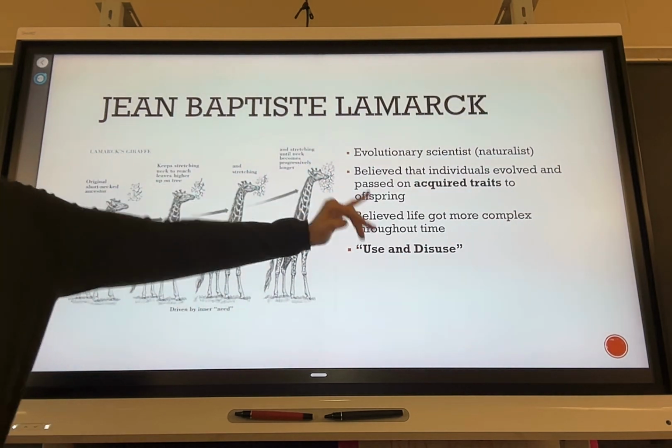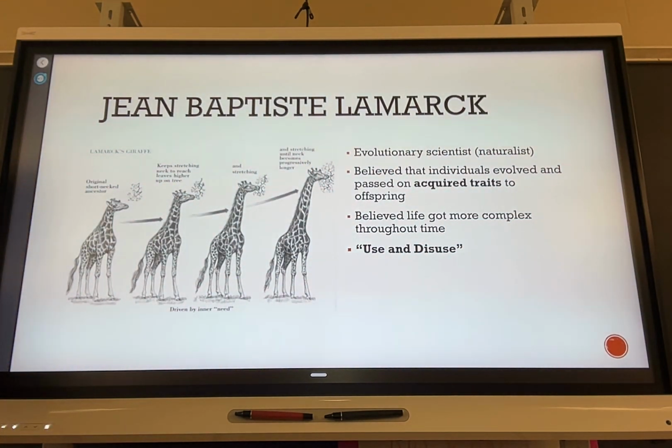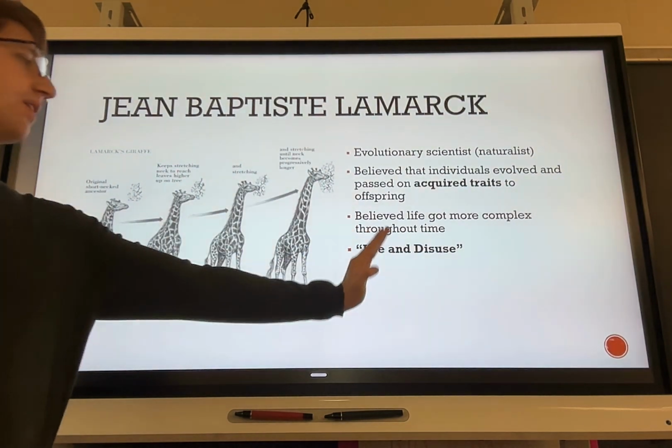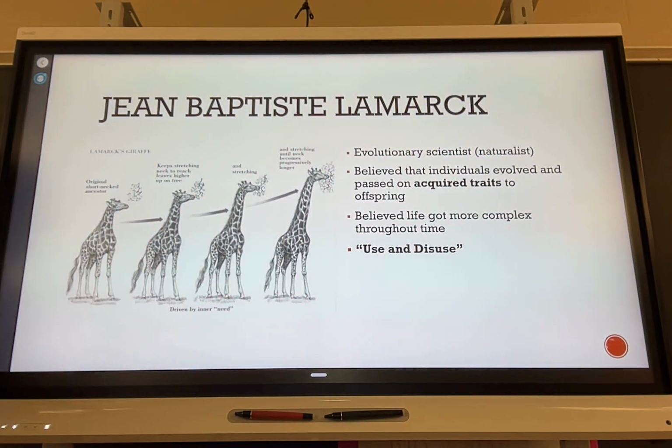So he believed that life gets more complex throughout time, which is something that we will continue thinking about with the rest of this unit. But his main idea was the idea of use and disuse, that we either use traits and keep them, or we don't use traits and we lose them.